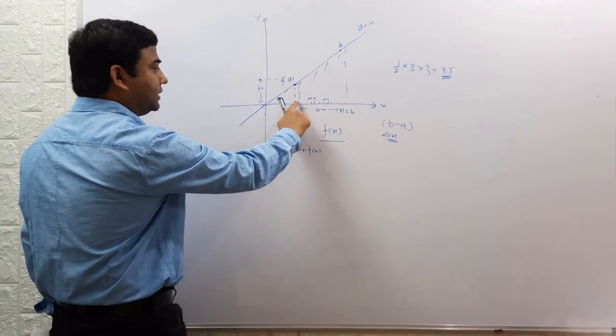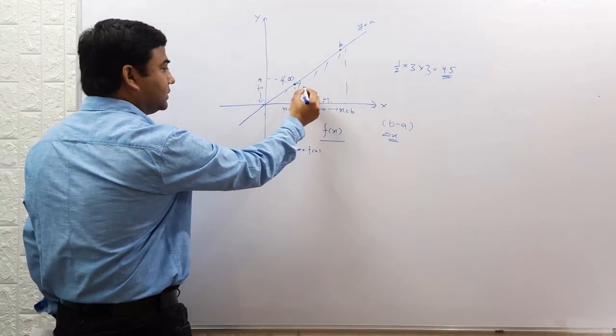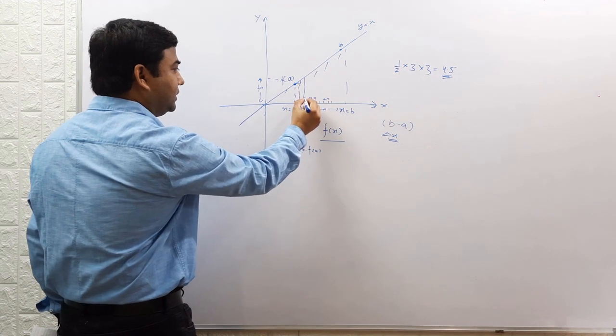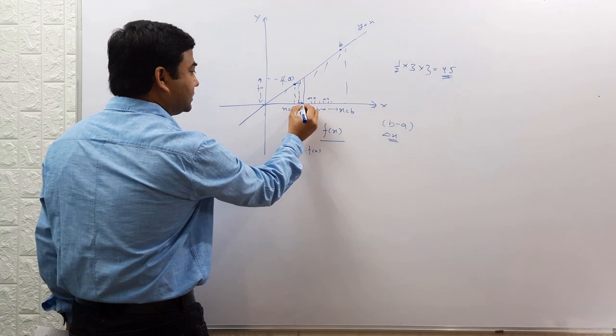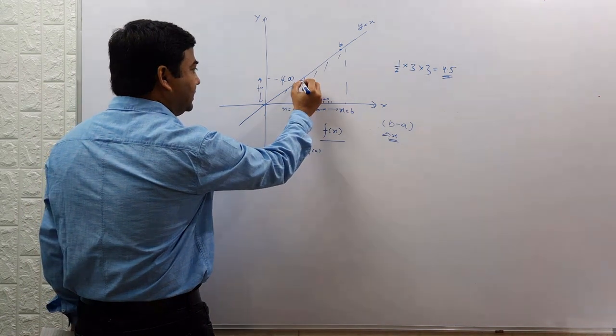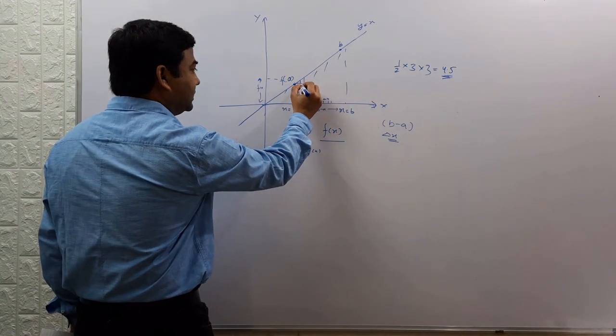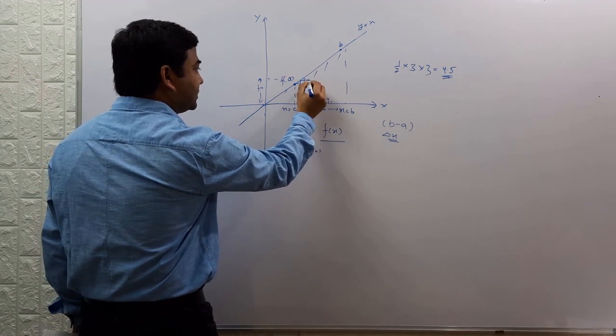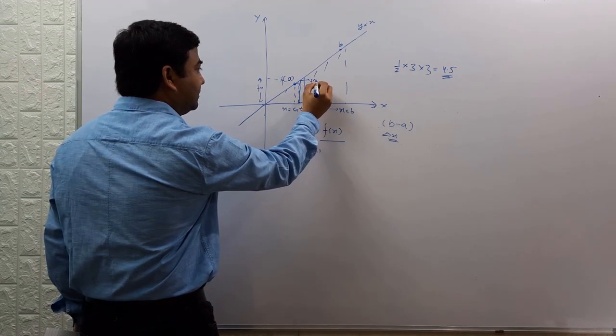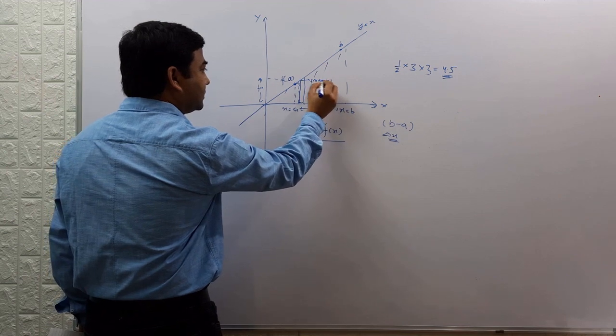Delta x into f(a), area of the first rectangle. Similarly, for the adjacent rectangle, we have added delta x here, and the height is f(a plus delta x).